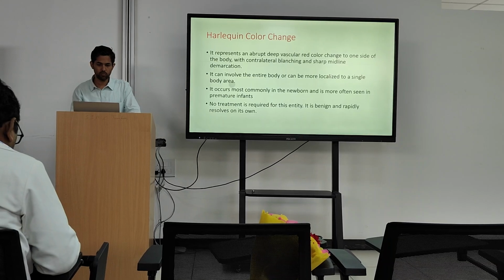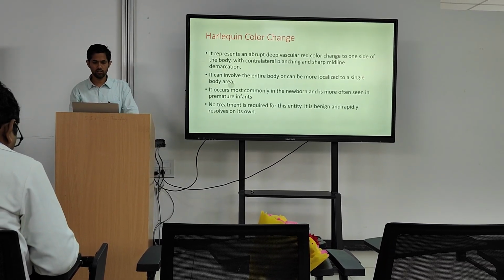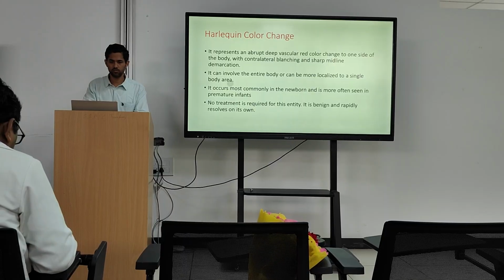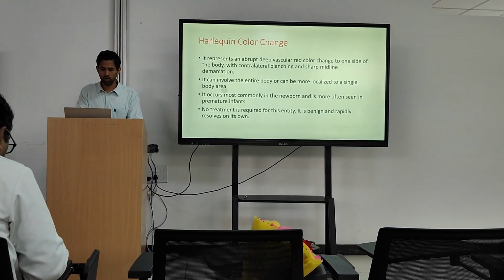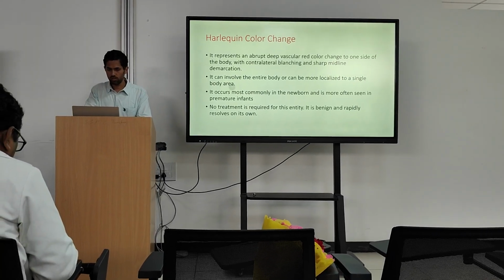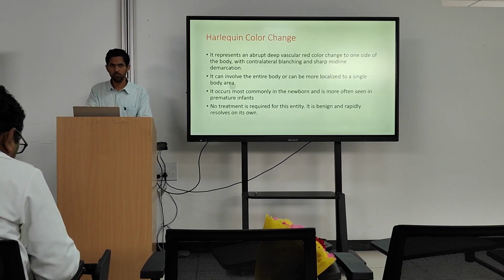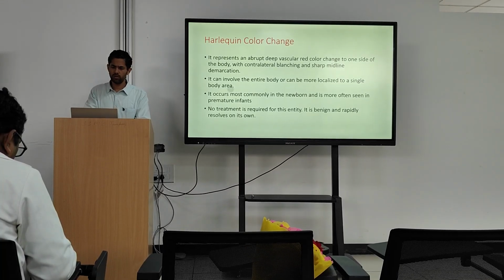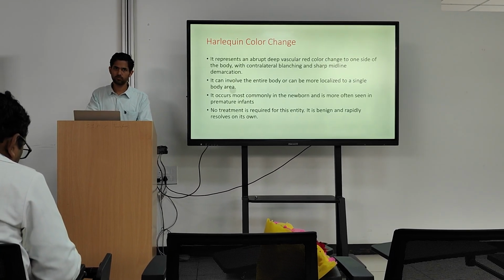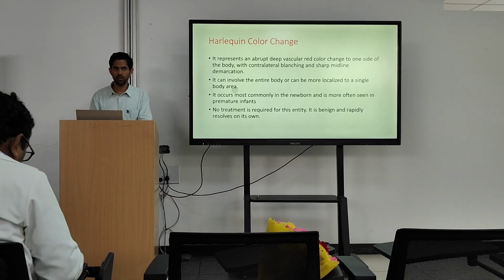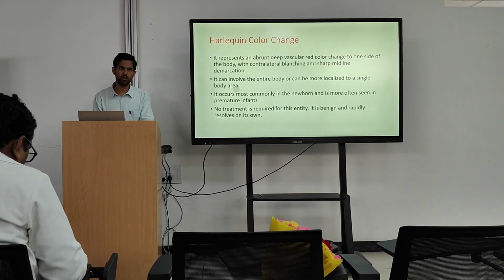It represents an abrupt deep vascular red color change to one side of the body with contralateral blanching and sharp midline demarcation. It can involve the entire body or can be more localized to a single body area. It occurs most commonly in the newborn and is more often seen in premature infants. No treatment is required for this entity and it's benign and rapidly resolves on its own. So one more thing called Harlequin ichthyosis, which is entirely different. This is a benign condition.